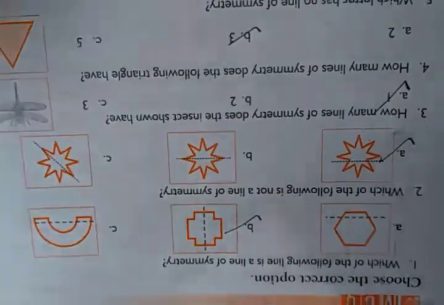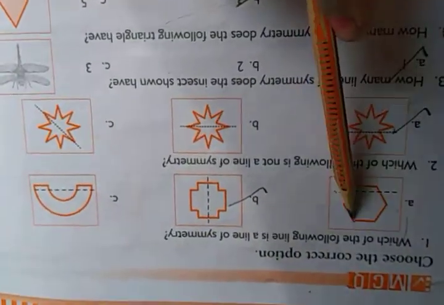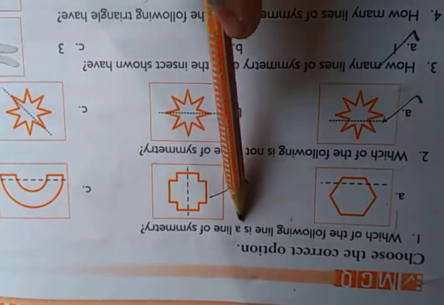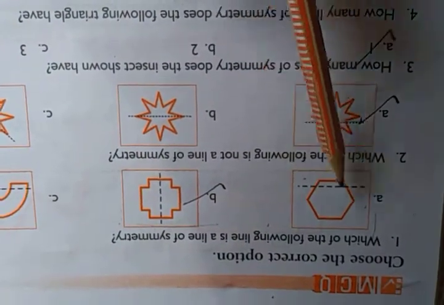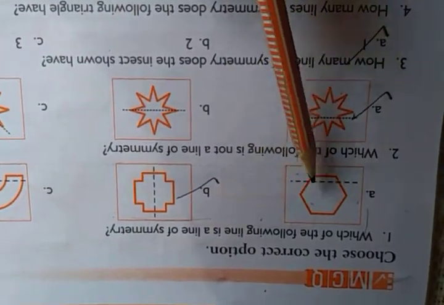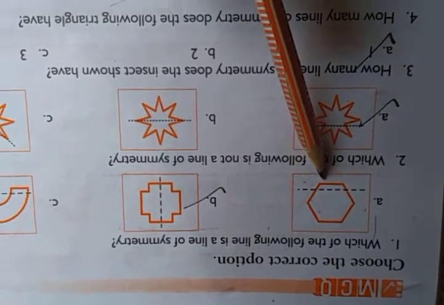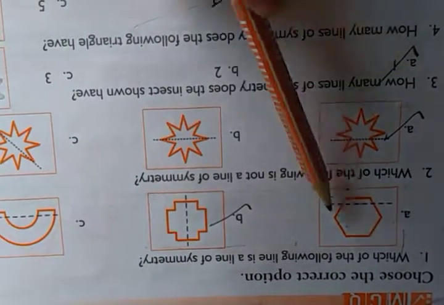So question number 1 is: which of the following lines is a line of symmetry? In this figure, this line is not dividing the given figure into two equal halves.